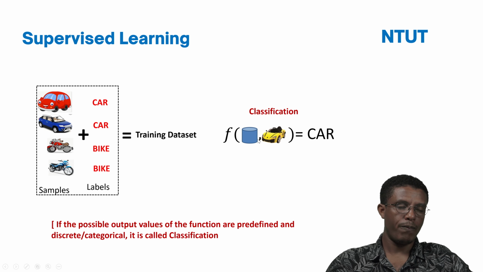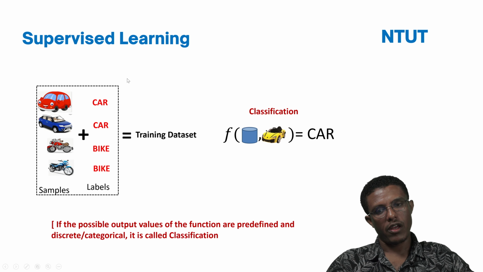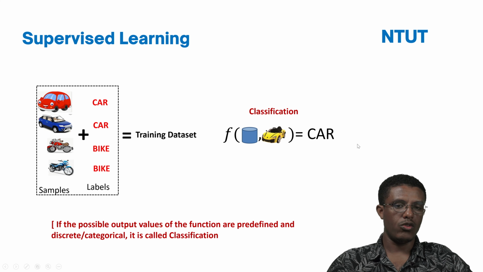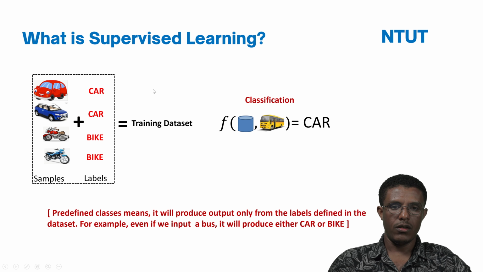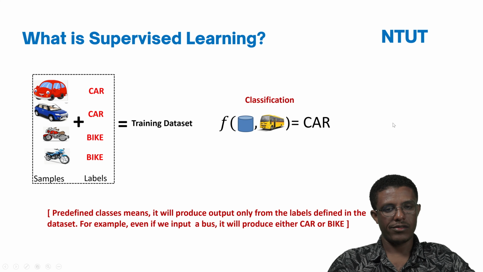That is why every training data should be labeled like this. You see, for example, we give a bus here, but because it is nearest to this one, it is still classified as a car.